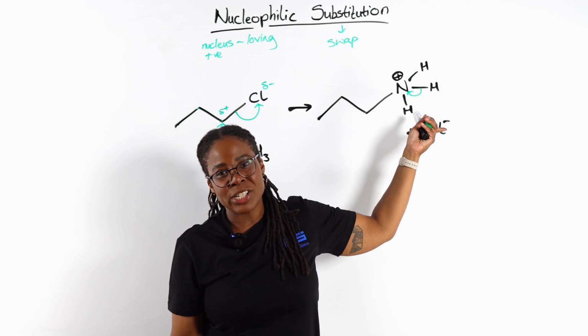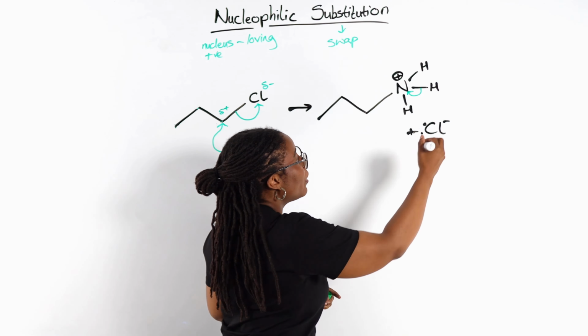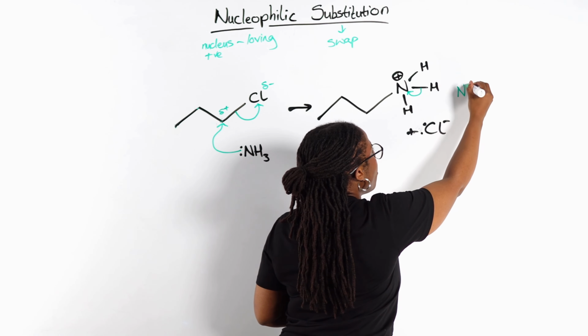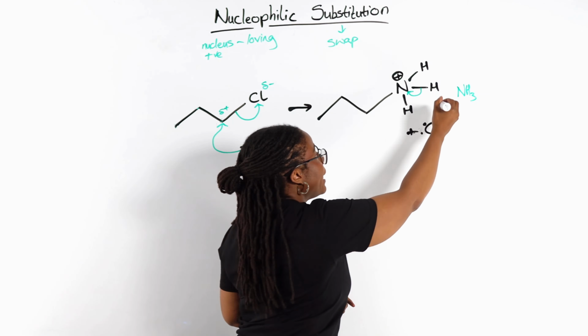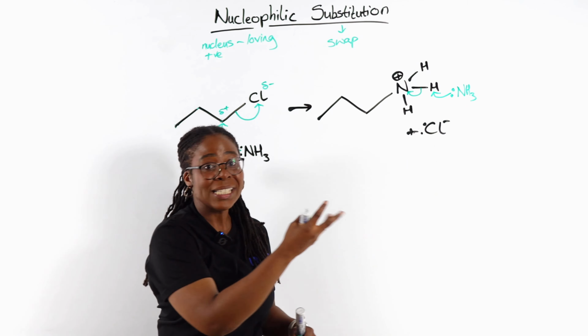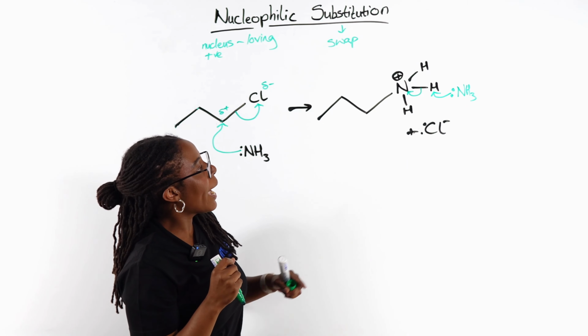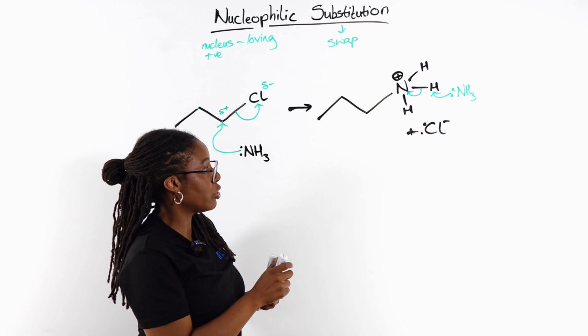Now, that doesn't really just happen by itself. Really, the way that that H falls off is a second ammonia molecule comes along, acting as a base, and steals, takes that H+, and so that's how that bond breaks and the electrons go back onto the nitrogen.